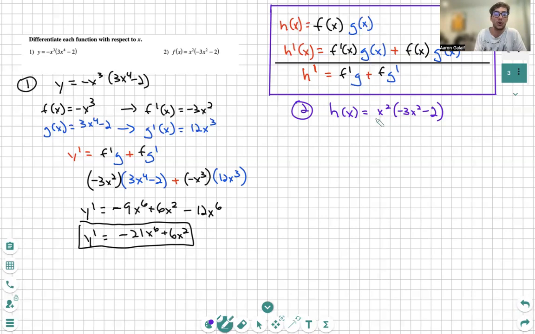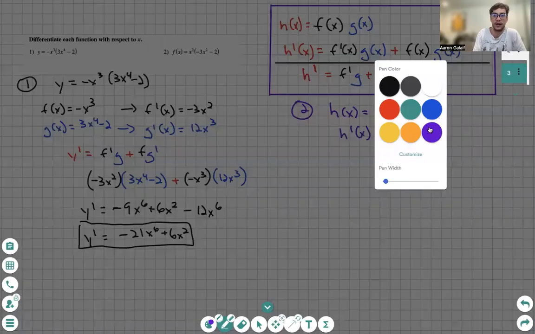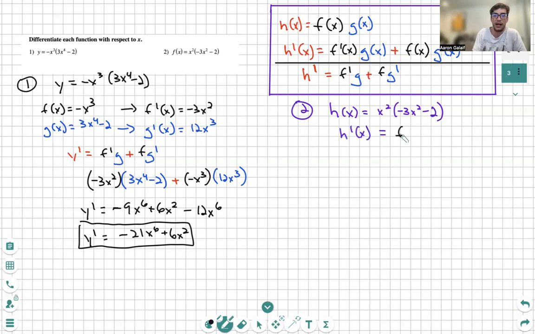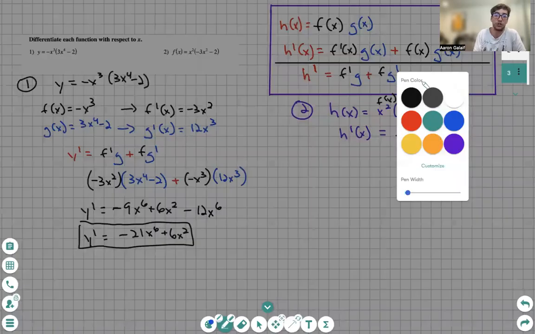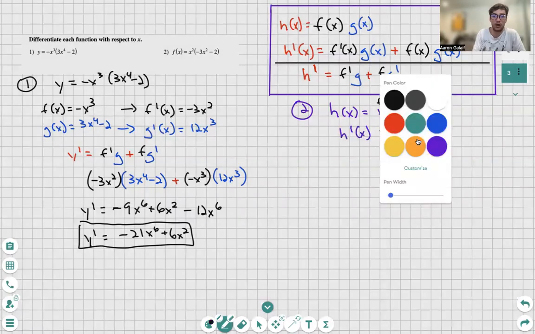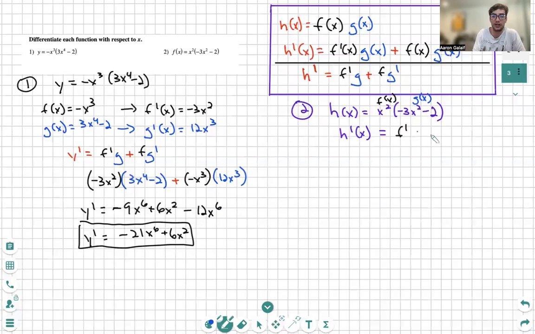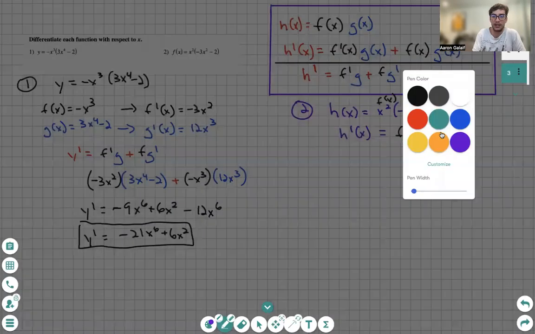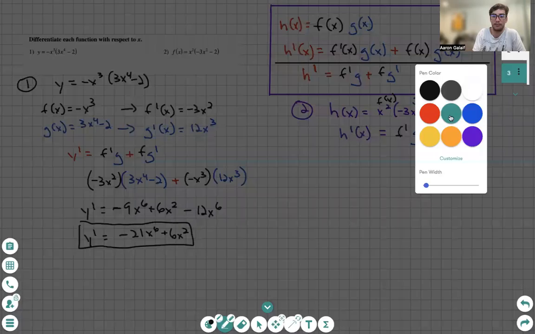But we can just go for it, right? So h prime of x would be equal to, we're going to make this guy our f of x, this guy our g of x, and we're just going to jump straight into it. F prime times g plus f times g prime.